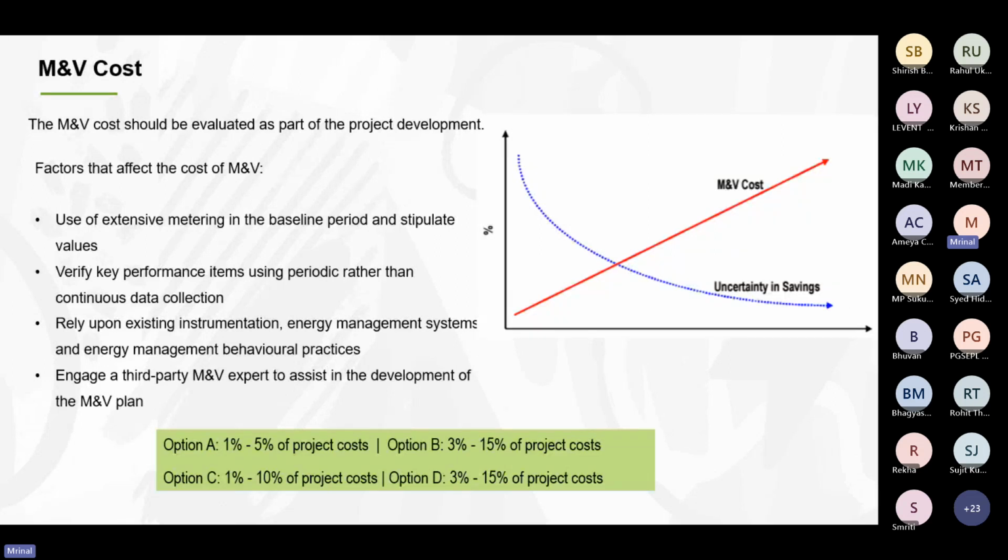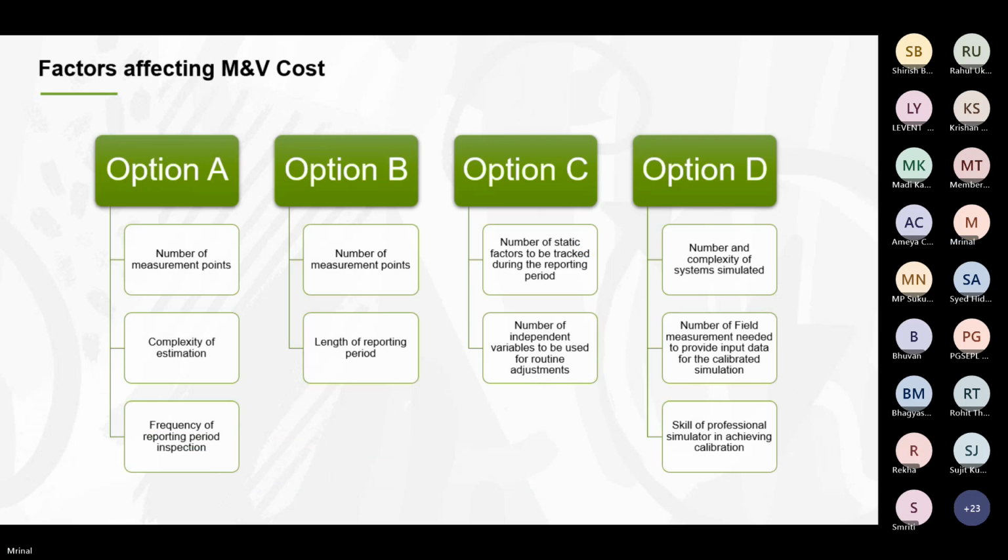In option A, the M&V cost will vary from 1% to 5% of the project cost. For option B, it is 3 to 15%. Option C, it is 1 to 10%. And option D, it is 3 to 15%.